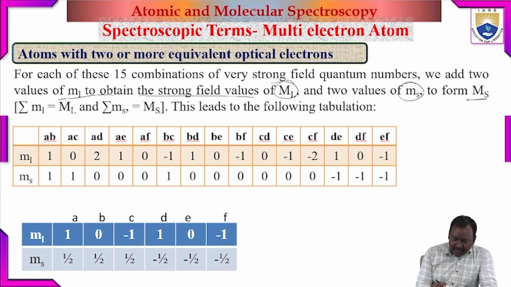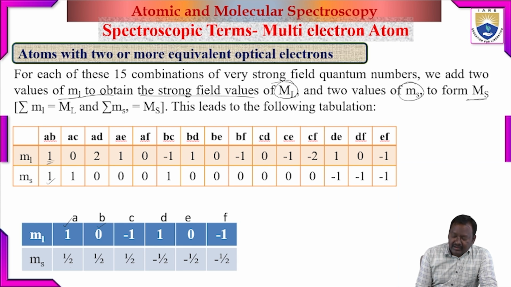The ml value in the A state is 1 and the ml value in the B state is 0, so the total ml value is 1. Again, the spin is 1 by 2 for the A state and 1 by 2 for the B state, so the total spin quantum number becomes 1.